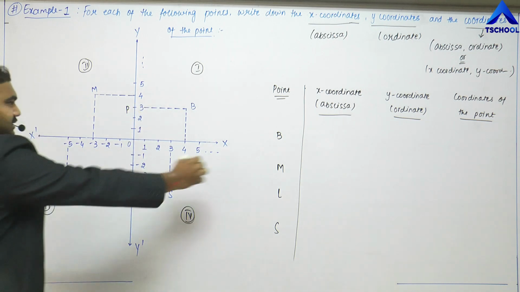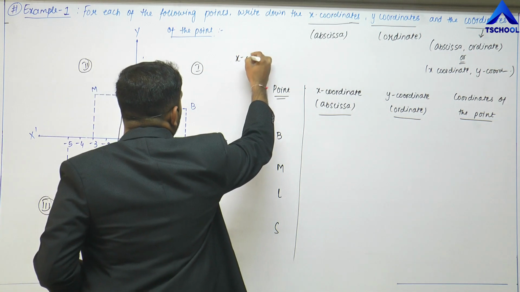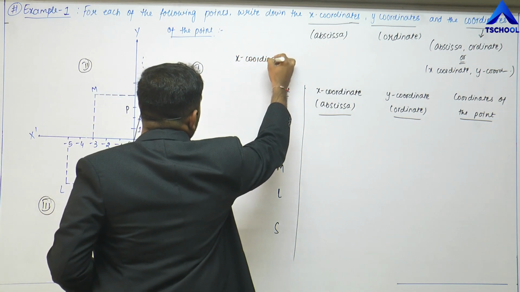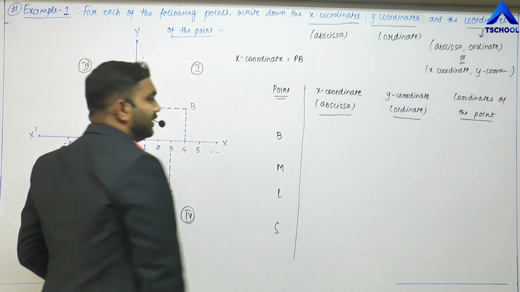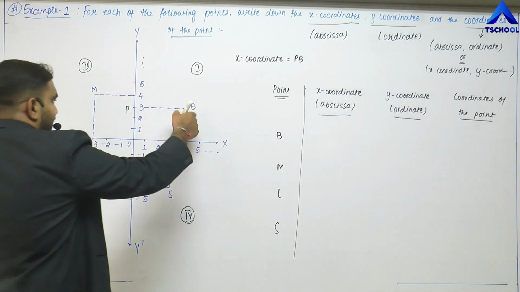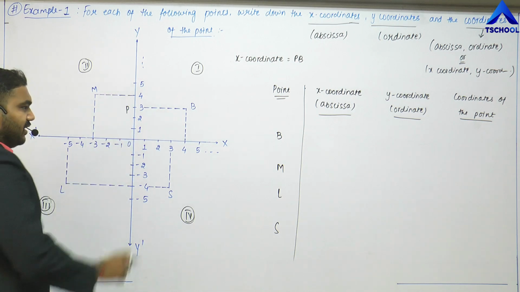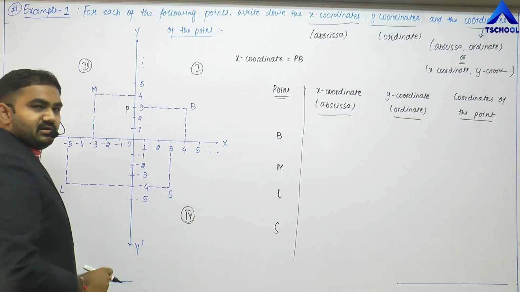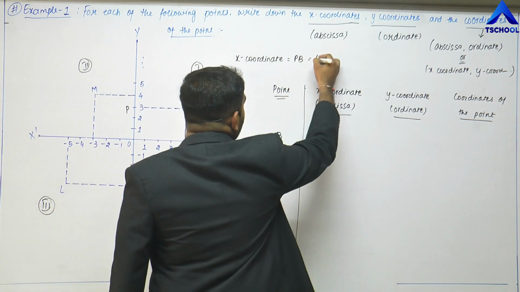So what is this PB? X coordinate is equal to PB, right? Because PB is the perpendicular distance of point B from this point P, where P lies on the y-axis, measured along the x-axis. So that is 1 to 4, which is equal to 4 units.